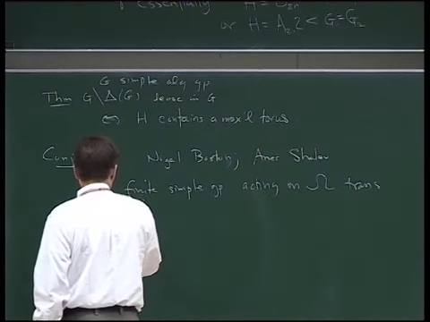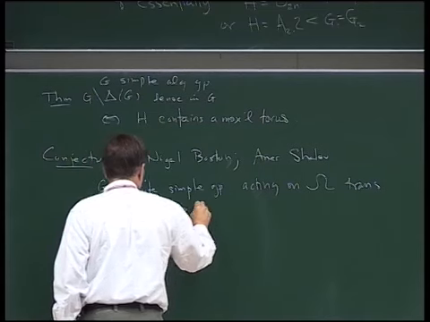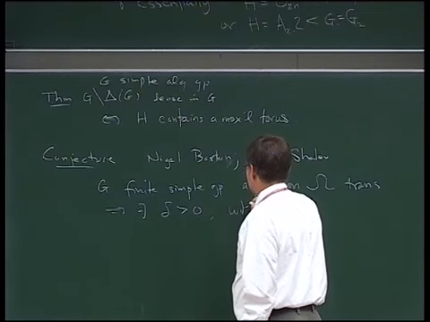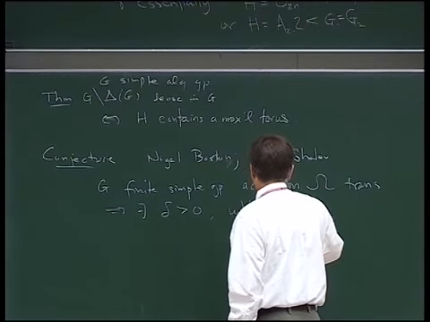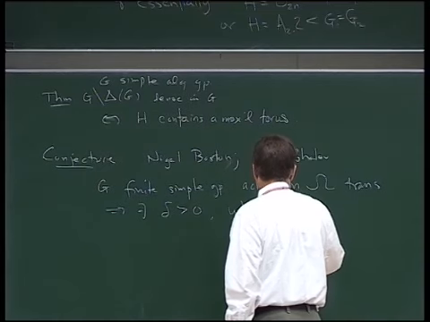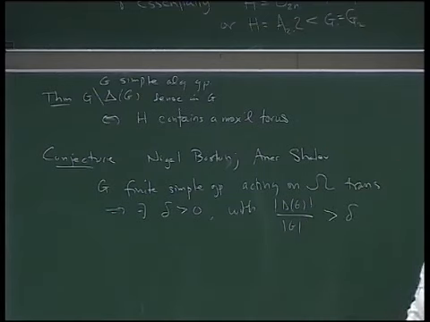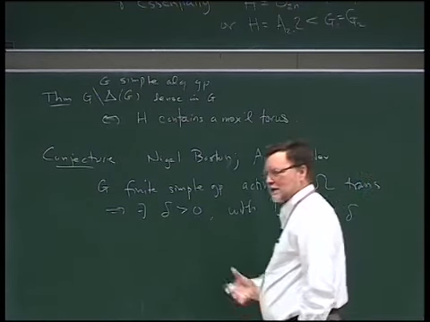Then there exists an absolute constant delta such that the proportion of derangements is bigger than delta. So in a simple group action, the proportion of derangements can't be too small.